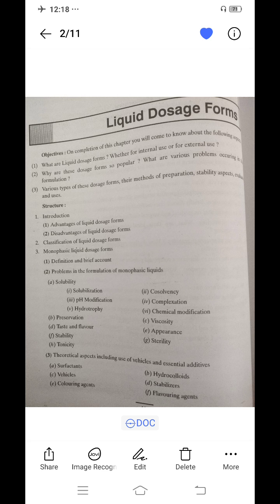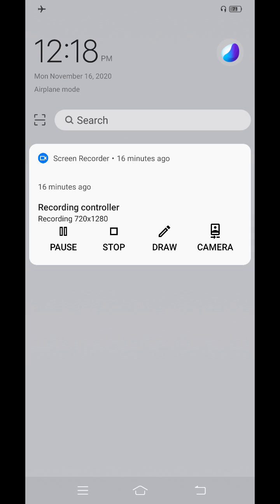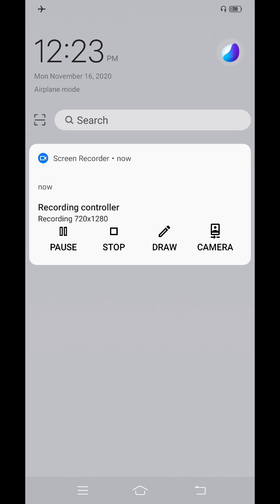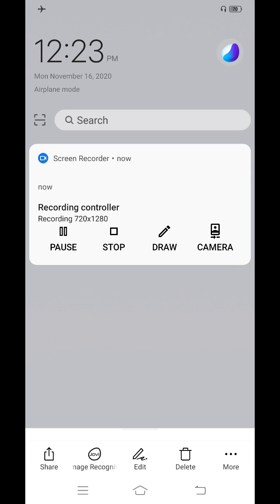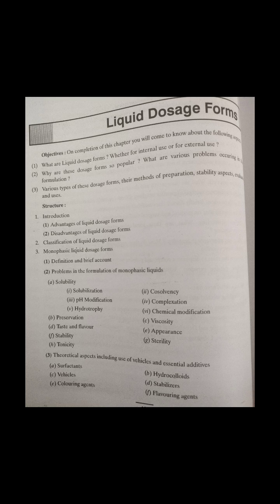So next we have is taste and flavor. These problems come only with the oral liquids. So the problem with taste and flavor, it comes only with the oral liquids.